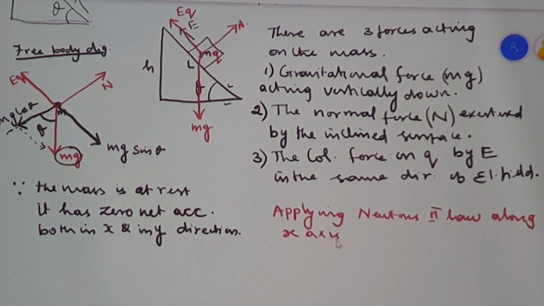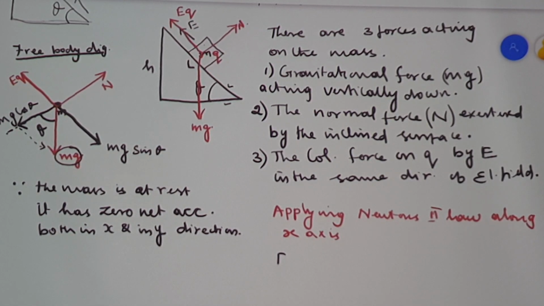Along the x-axis, EQ is acting, and towards the right is positive. So EQ is acting in the negative x-axis. So we can write first of all the positive x-axis.